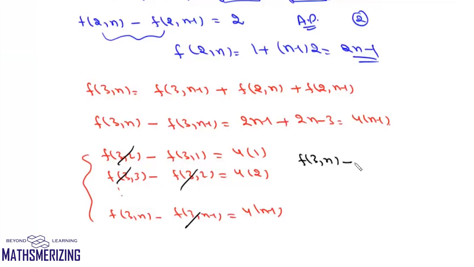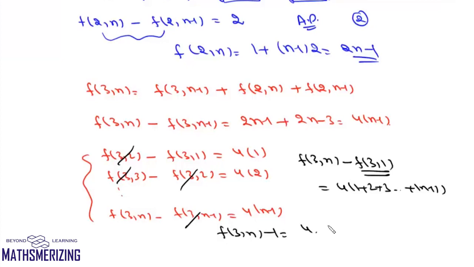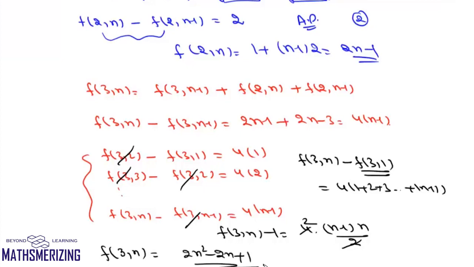We can simply write F3n minus F31, and it will be equal to 4 times (1 plus 2 plus 3 up to n minus 1). Now F31 is 1, so we can write F3n minus 1, and it will be equal to 4 times (n minus 1) n by 2. Now here this 2 and 4 will simplify, so from here we can write the value of F3n will be 2n square minus 2n plus 1, and that is the answer to this question.